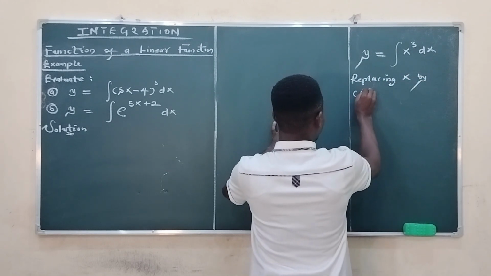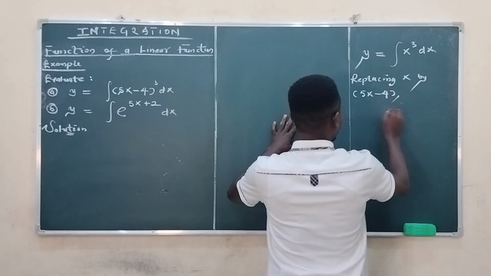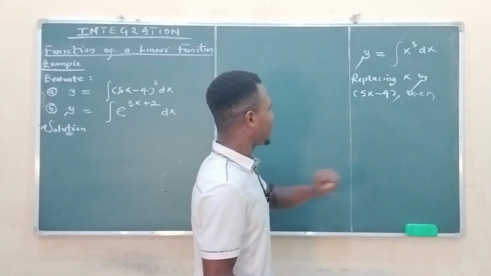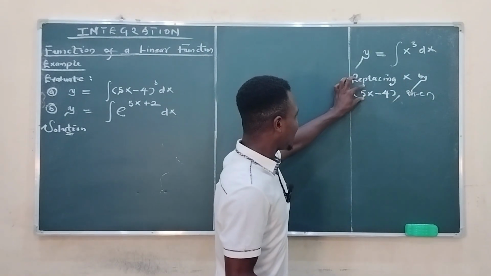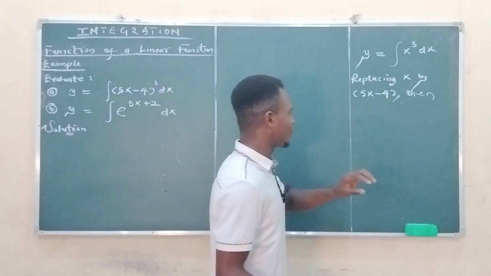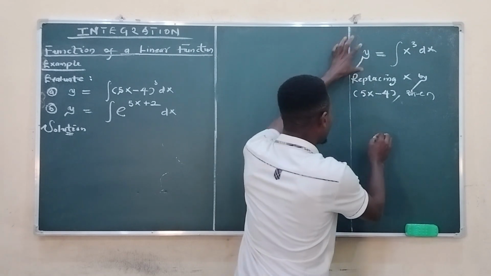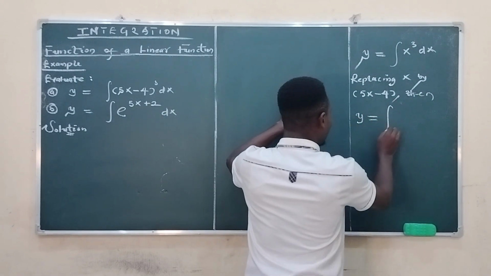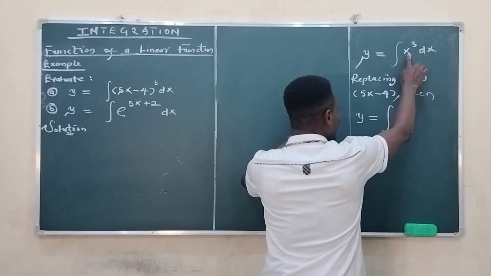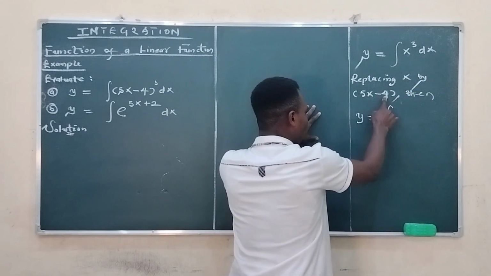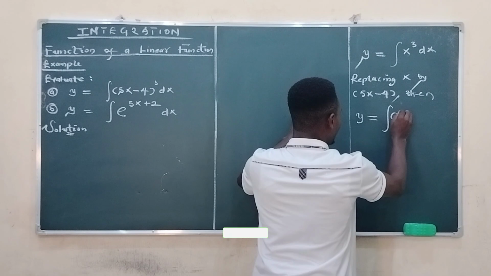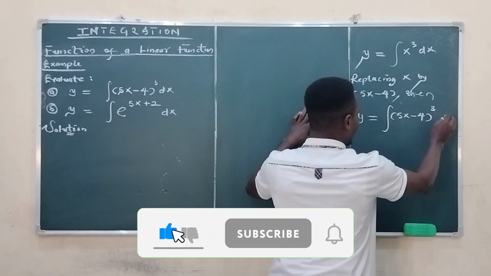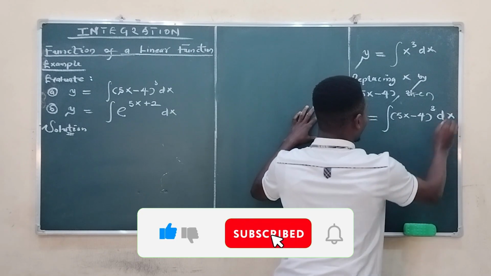by 5x minus 4. What becomes of y? If we replace x by this given function, we are going to have y equal to the integral of x replaced by 5x minus 4. That is given by the integral of (5x minus 4) raised to the power of 3, integrated with respect to x.